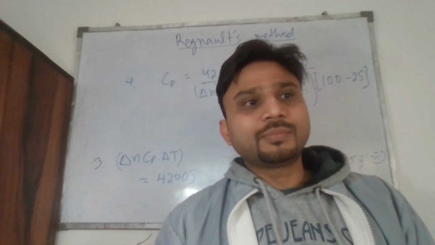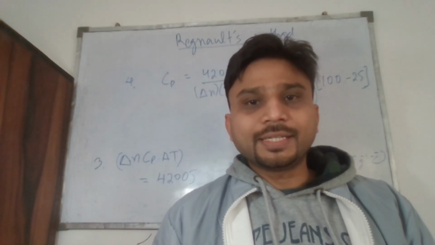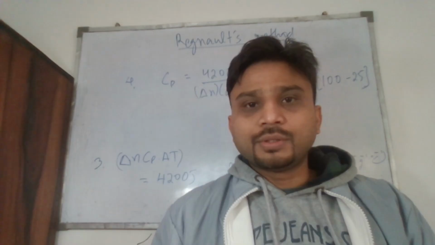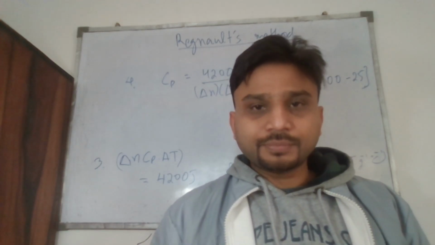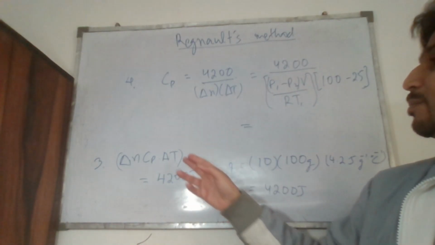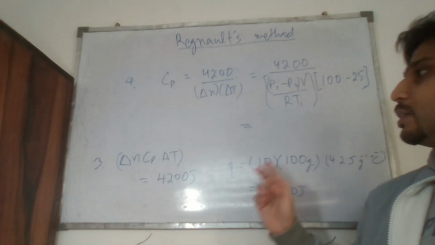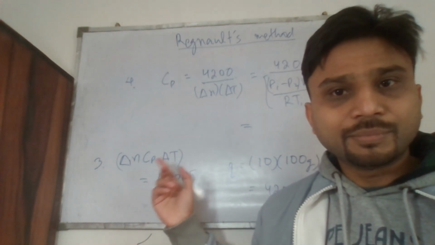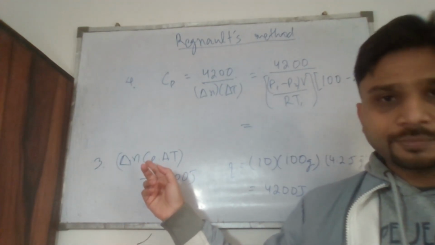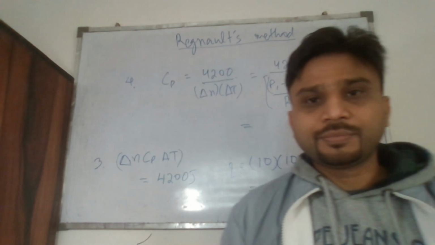So that depends upon how the gas is supplying heat or taking heat. Then we say that gas is passed. It changes the temperature of the calorimeter. The gas's temperature also changes, and we have already figured out the change in moles of the gas.